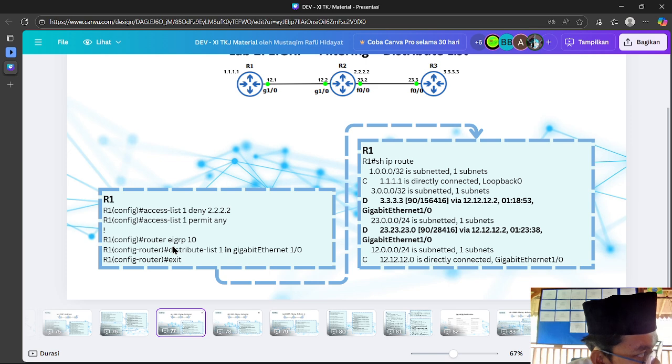Then we run router EIGRP 10. Distribute-list 1 in GigabitEthernet 1/0. The meaning is network 2.2.2.2 cannot enter router 1 because we configure it in router 1, and then exit. When in router 1 we see show ip route, there is no network 2.2.2.2 anymore.